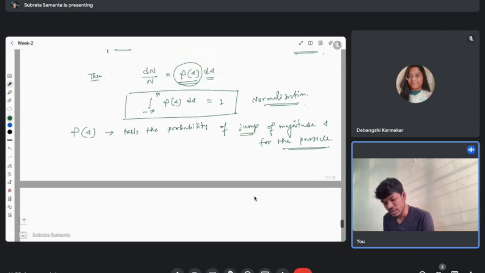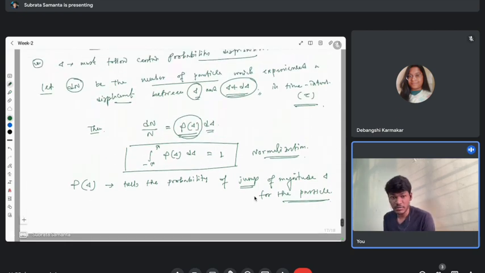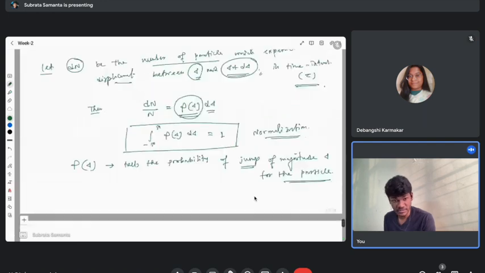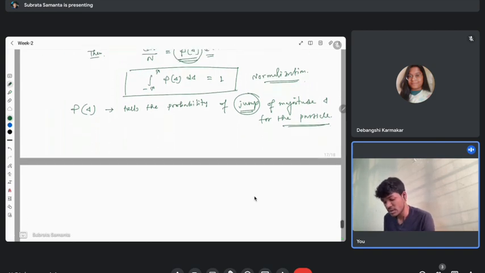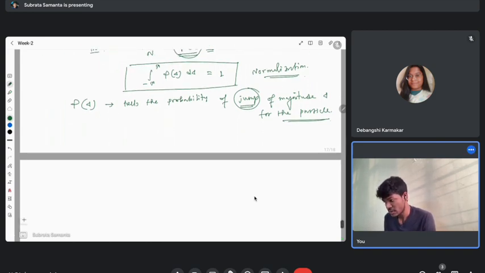But in this case, we are considering that the time interval tau is fixed. So in each time interval, how are the particles distributed in terms of the jump distance delta? Now we evolve this system with time. That means now we calculate the distribution of particles.